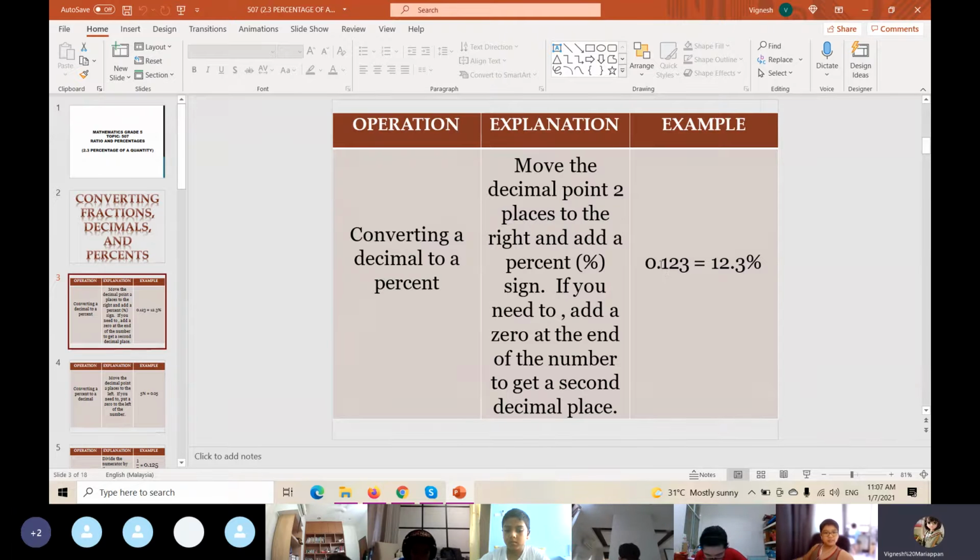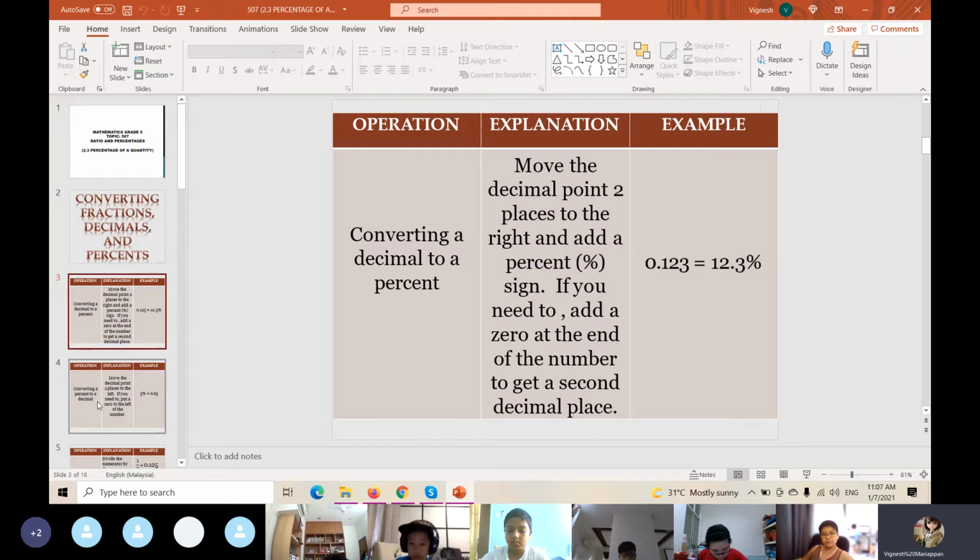If you move 2 decimal places to your right, your percentage will be 12.3, and you have to add a percent sign. Understand? Please respond. Understood, teacher. Yes, can understand.